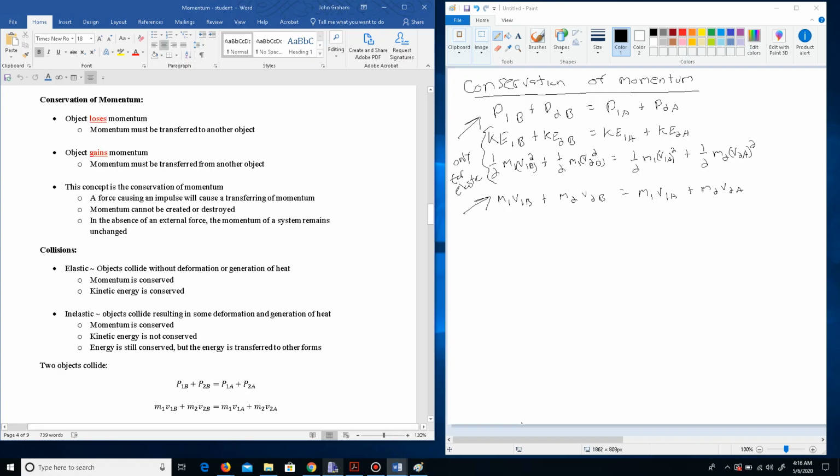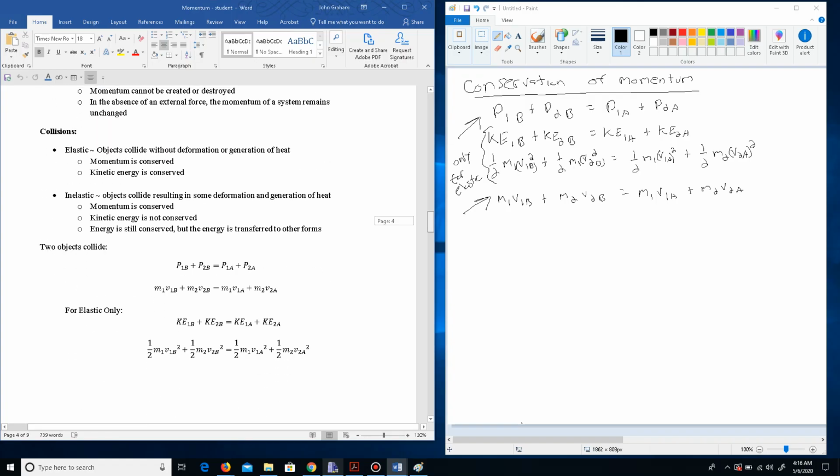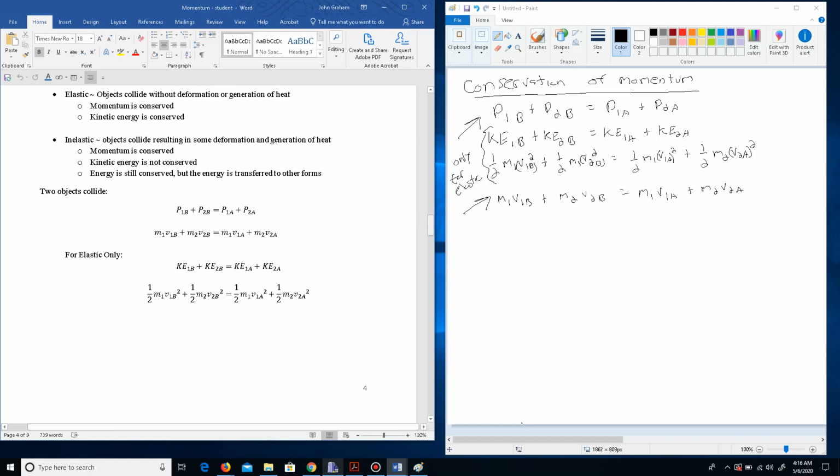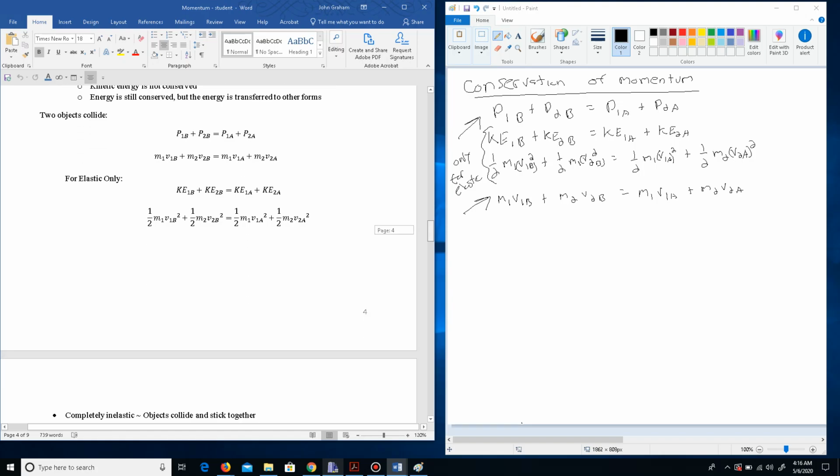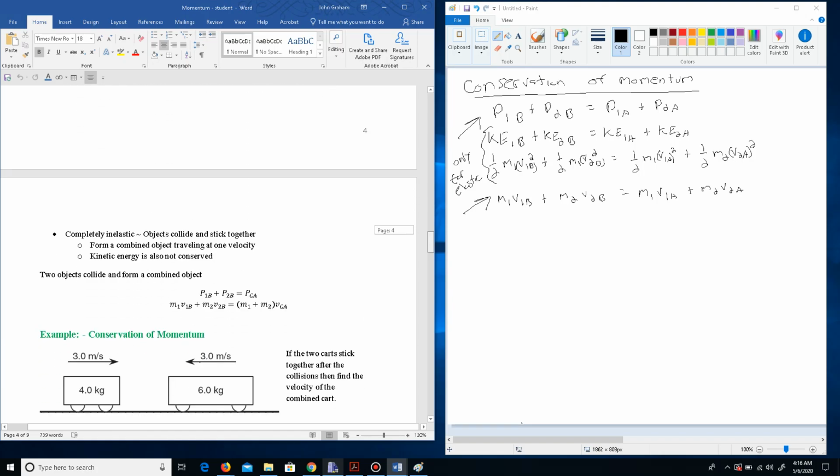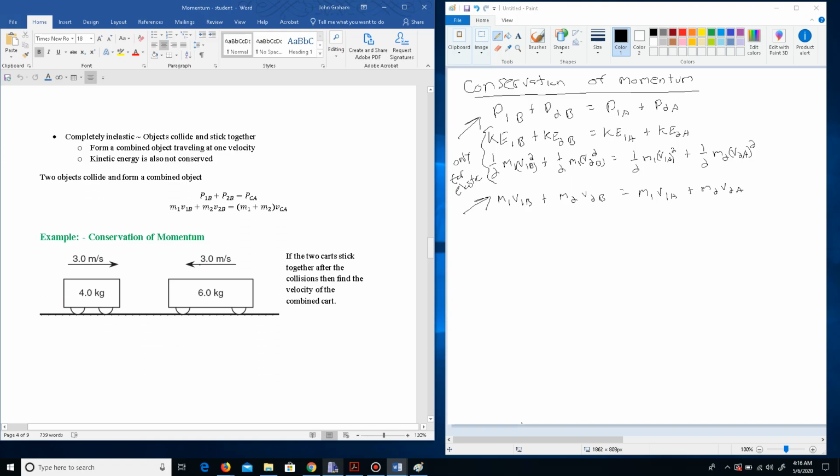Now, when two objects collide and it's inelastic, they can have what's called perfectly inelastic or completely inelastic.